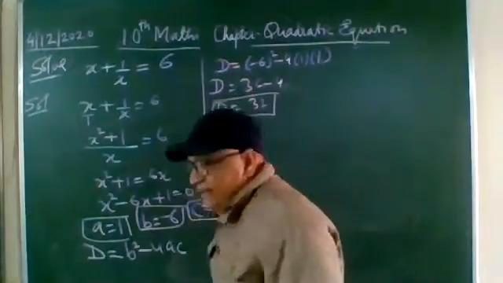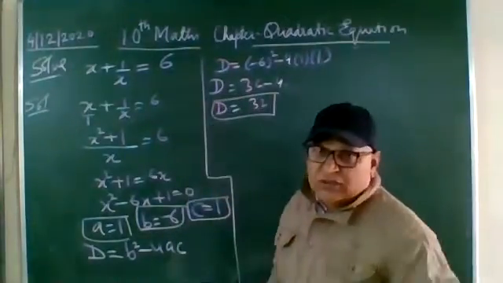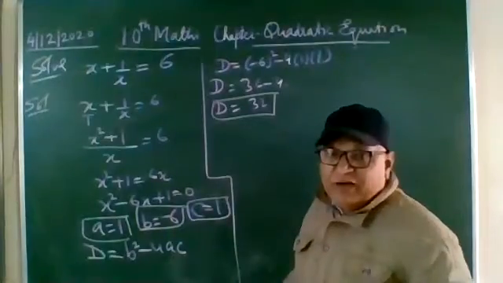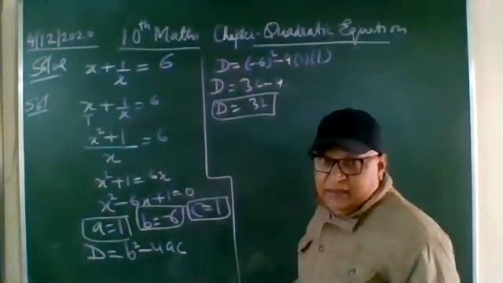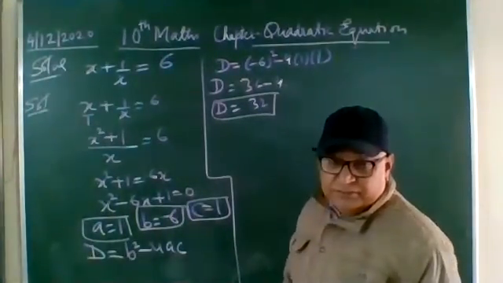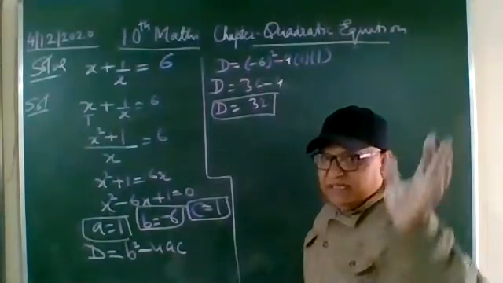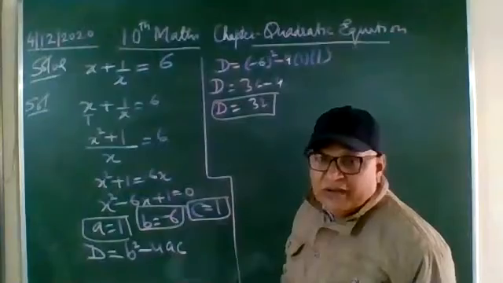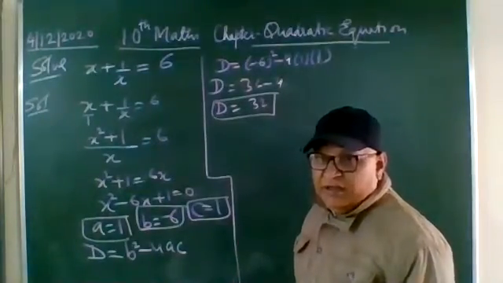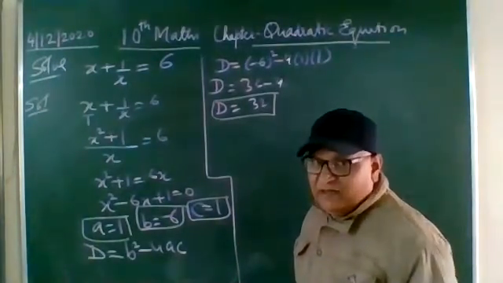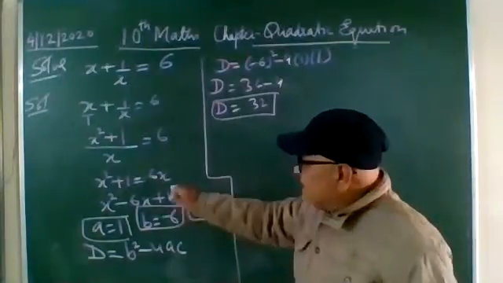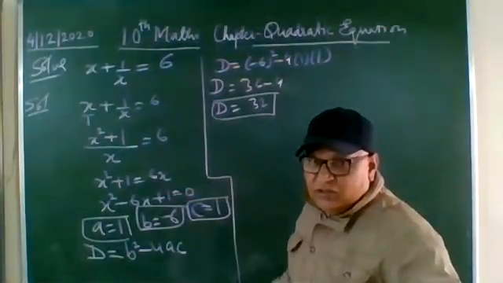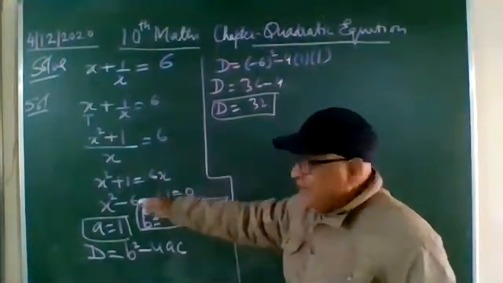Why have I calculated d first? So that in the question, if sometimes what happens is that the quadratic equation you are getting has d less than 0 and students are busy finding the roots. So first of all check the equation, whether you have formed the correct equation or not. If the correct equation is formed, find the value of d. Factorization is not possible, because if I take the factors of 1, ones are 1, so if I add or subtract I am not getting the middle term.